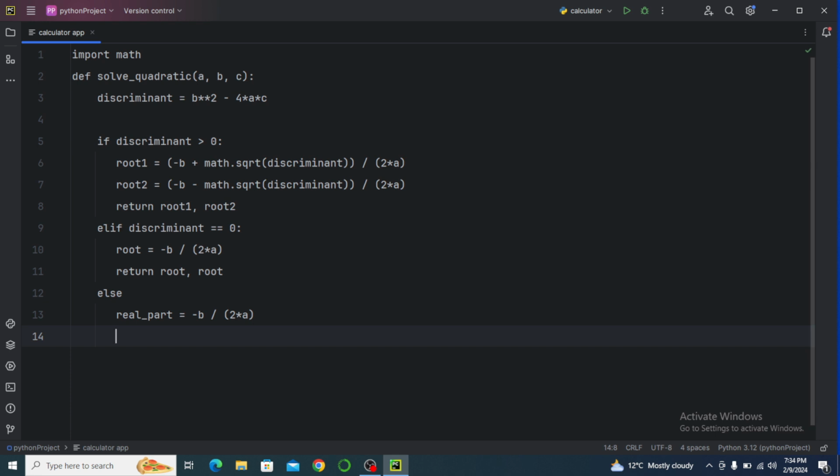The imaginary part will be equal to math.sqrt, that's square root, of the absolute value of the discriminant.